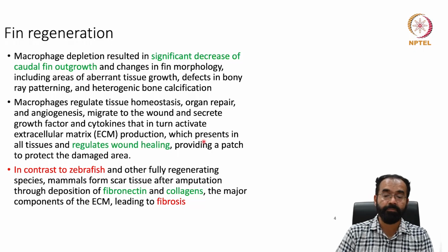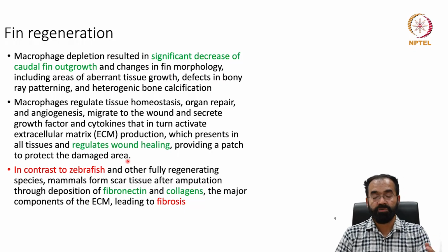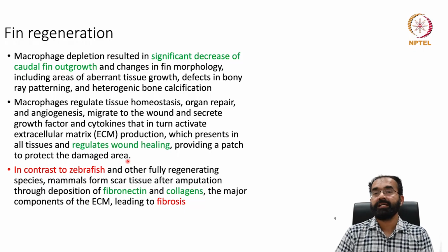So ECM is a must, which is present in all tissues and which can regulate wound healing, providing a patch to protect the damaged area. So ECM production by the immune response cells is important for the establishment of structural stability to the injured area.